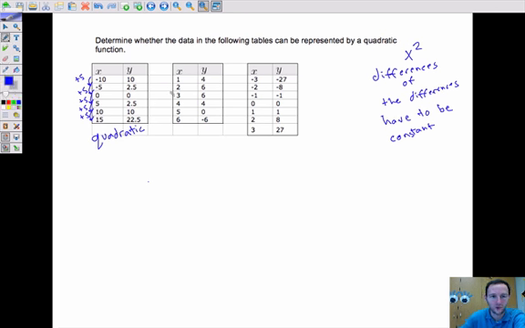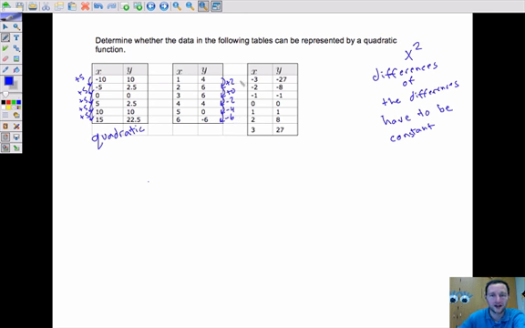This is going up by 1 every time. So that's a plus 2. That's a plus 0. That's a minus 2. That's a minus 4. That's a minus 6. So obviously not linear because these are all different.